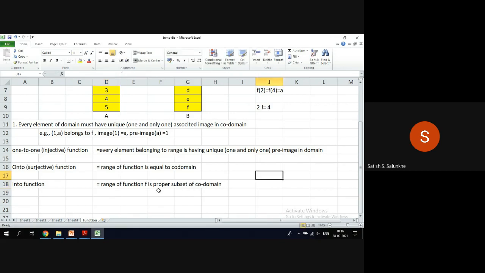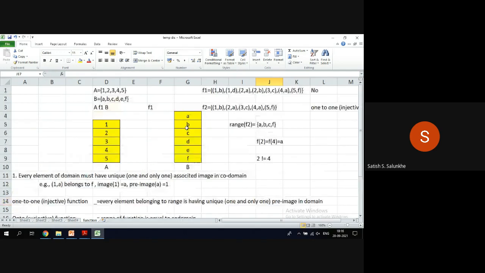If it is a proper subset, what does that mean? There is at least one element in the codomain, like here. If you take this function f2, there is at least one element in the codomain, like you can take element D, which does not have any pre-image.